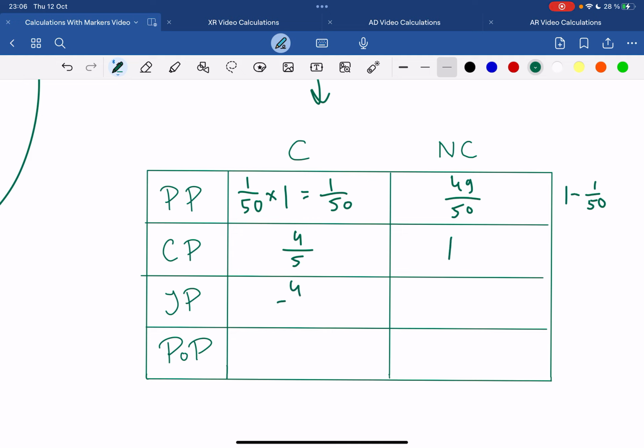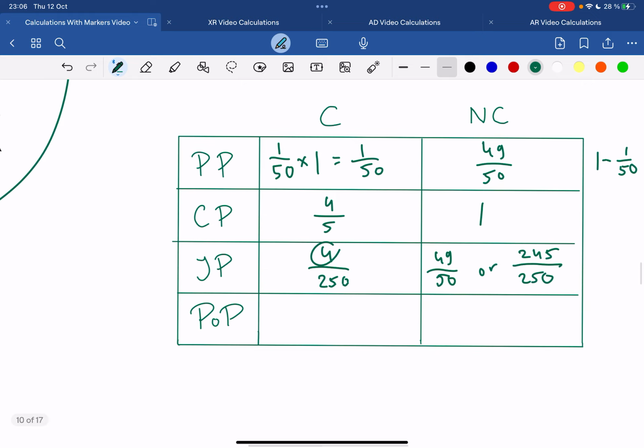Then we have here 4/250, and here we have 49/50, or not simplifying it, but making the denominators equal, 245/250. And here we would take top here, divided by top here plus top here, so 249.